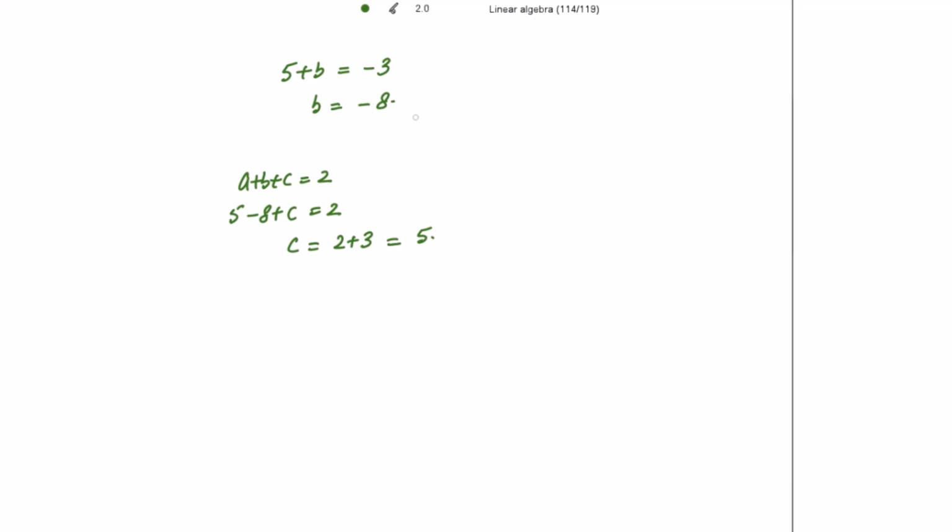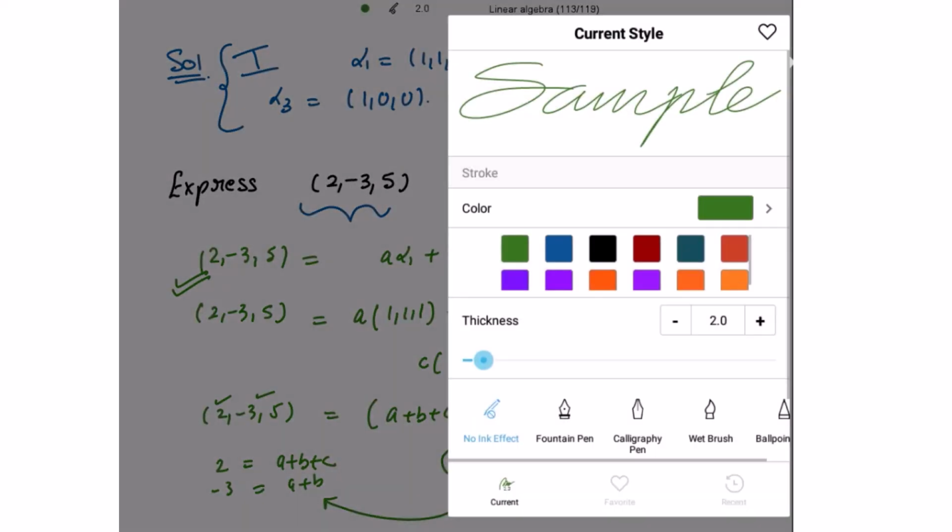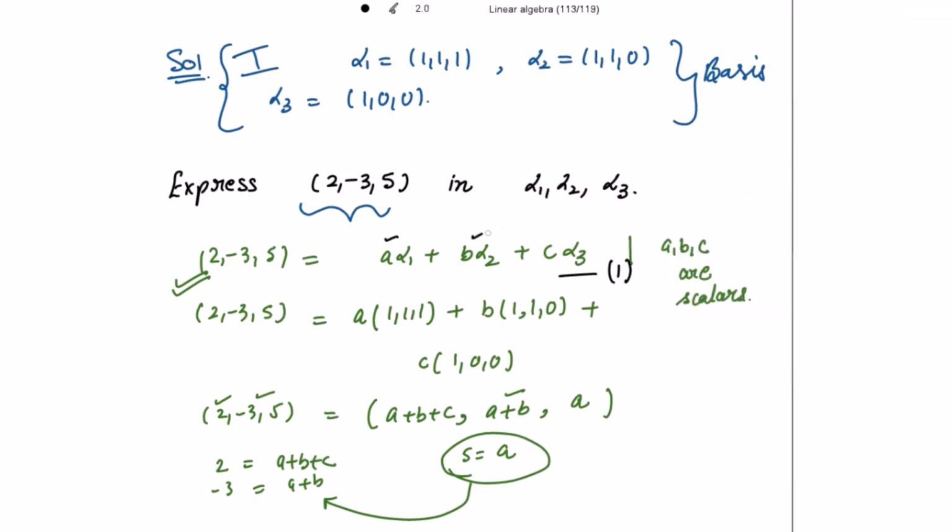So we get A to be equal to 5, B to be equal to minus 8, C to be equal to 5. That means if I put these values back into this equation, let me mark this as 1, here, here and here, then this given vector is expressed in terms of alpha 1, alpha 2, alpha 3, right?